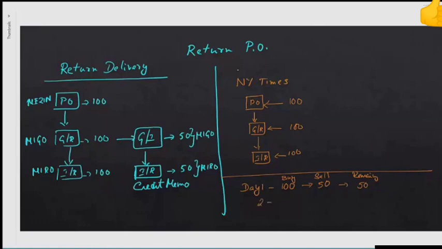On day 2, same quantity of 100, you sell 75 and remaining is 25. Day 3, say 100 and you sell 100, remaining 0. Day 4, 100, you sell say 60, remaining 40. So you get the picture, right?